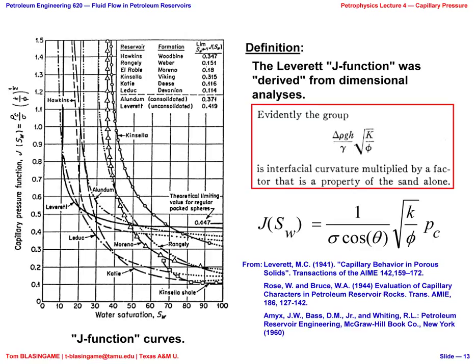So that's where that comes from. But again, this was some 75 years ago when he defined this. And again, the goal of this was to create a universal capillary pressure curve. It didn't work. The units worked, but the concept didn't.